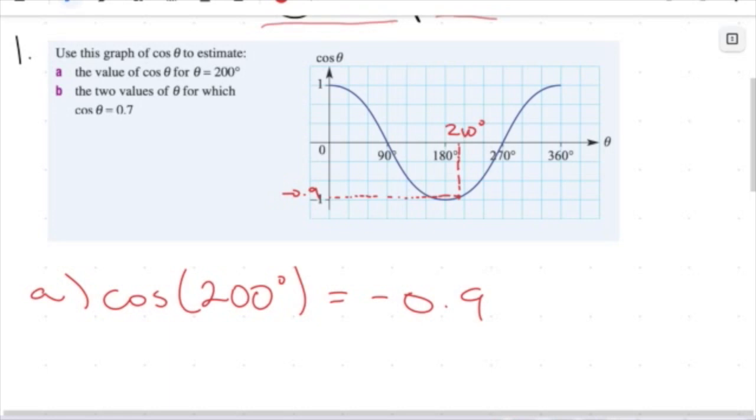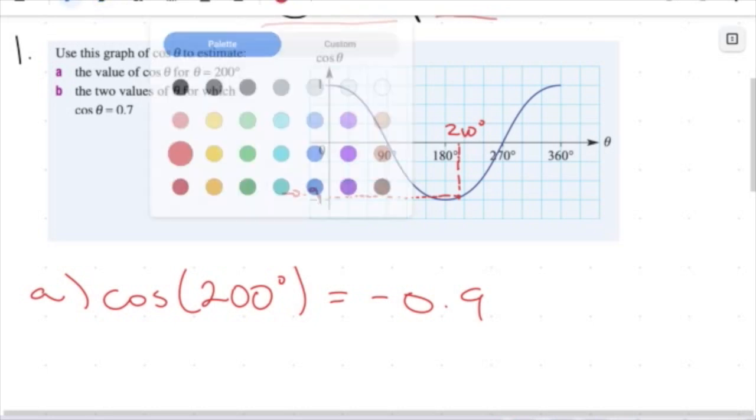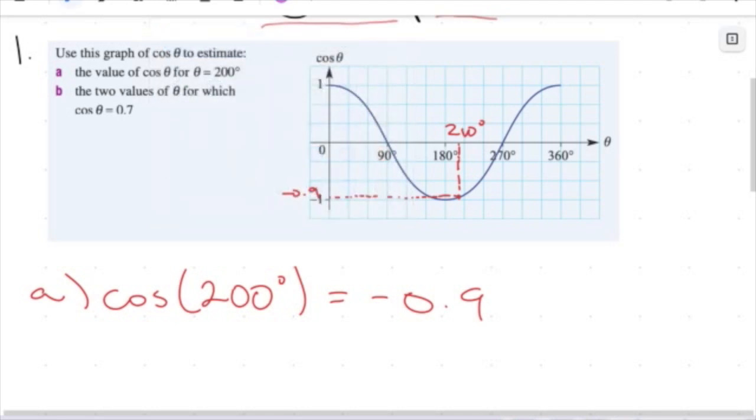Okay, now in the next bit, we're asked to find two values of theta. So we're finding the input now, for which cos theta equals 0.7. So what we want to do first is roughly locate 0.7. Now I'm going to say that's about, let's use a darker color, about here maybe. So around 0.7 here.